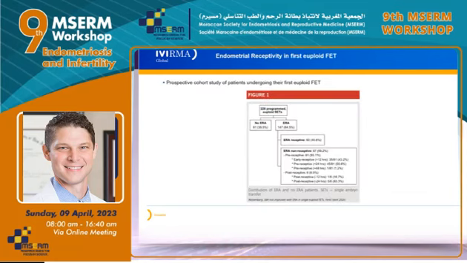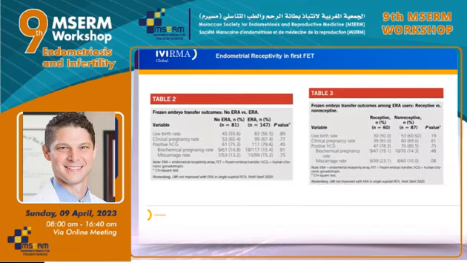A subsequent randomized controlled trial looked at endometrial receptivity array on the first euploid transfer. So again, this is not recurrent implantation failure patients, but these were patients that were randomized to undergo personalized embryo transfers utilizing endometrial receptivity array versus standard embryo transfers.